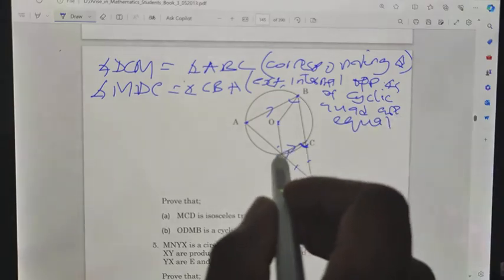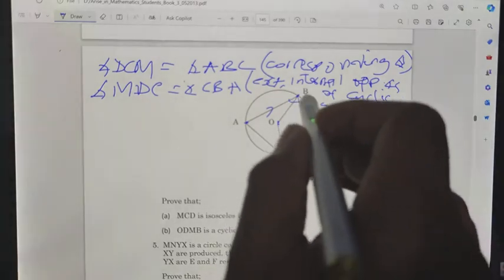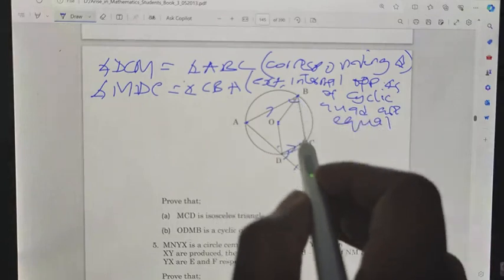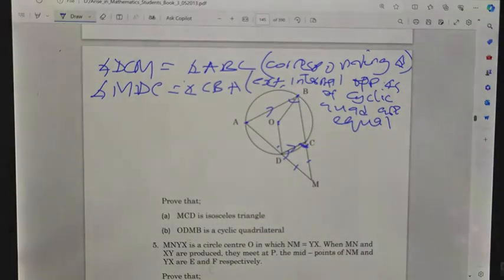External, internal opposite angles are equal, but that one and that one are also equal.